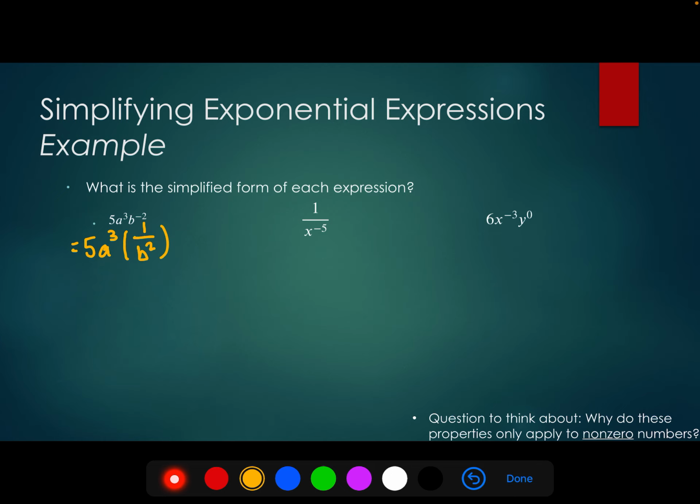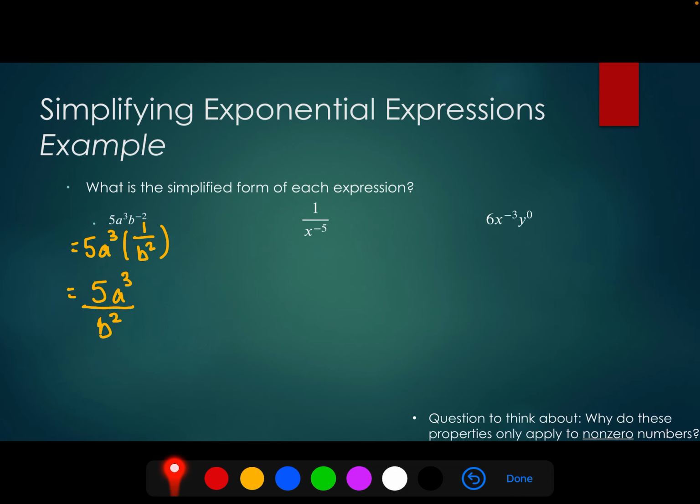And now from here we can simplify, because if we multiply this 5a to the third times 1 over b squared, just like multiplying a whole number by a fraction, you multiply this by the numerator, and that just gives you 5a to the third over b squared. And now we simplified it.